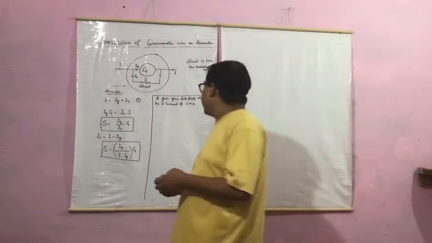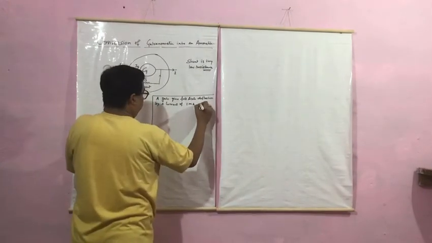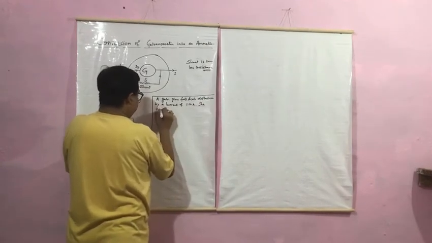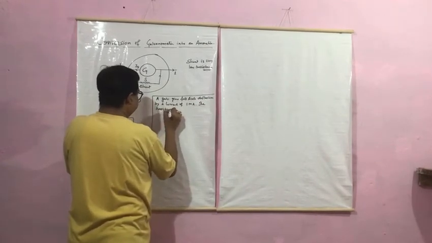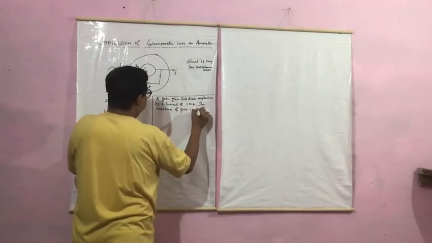Okay. Now the next part of this question is: the resistance of the galvanometer is 50 ohm.